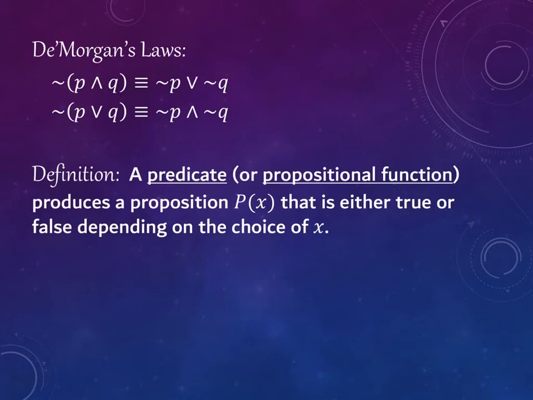I don't remember what my equation was, but it had an X in it, something like 3 minus X equals 5 or something like that. And we couldn't say it was true or false because it depended on what X was. So that's called a predicate or a propositional function. And another example of that would be 3 minus X is less than 1.